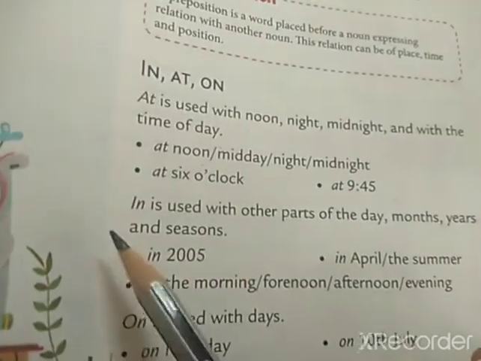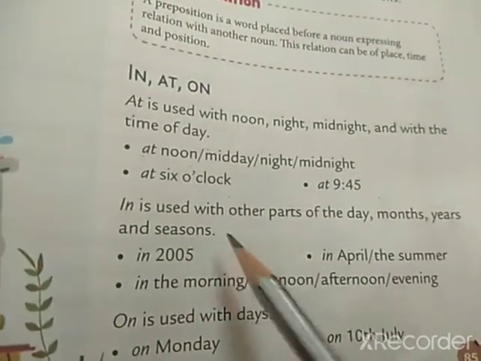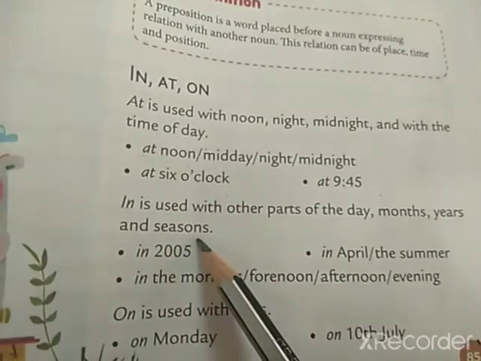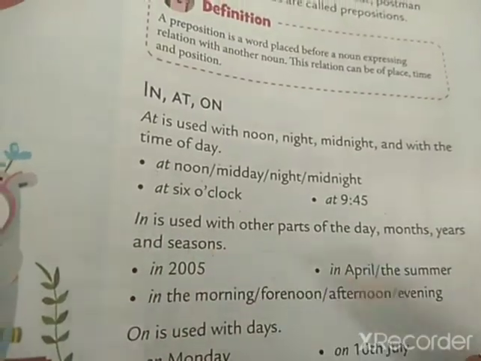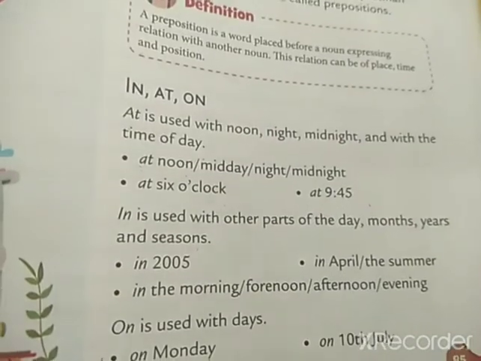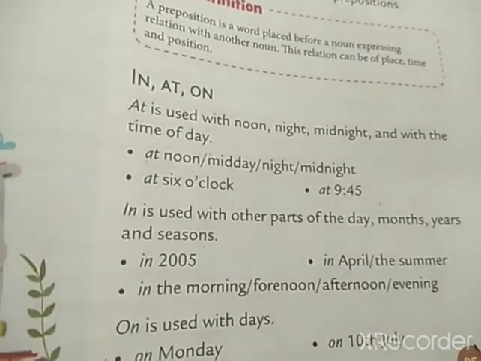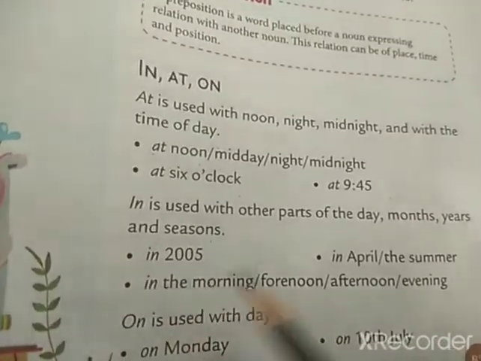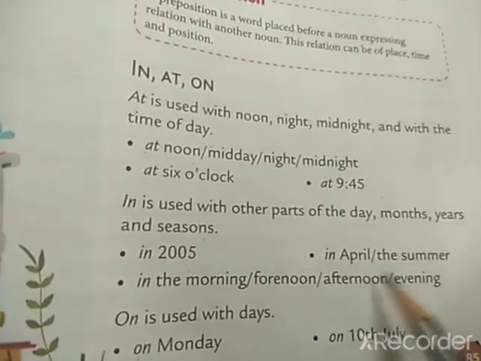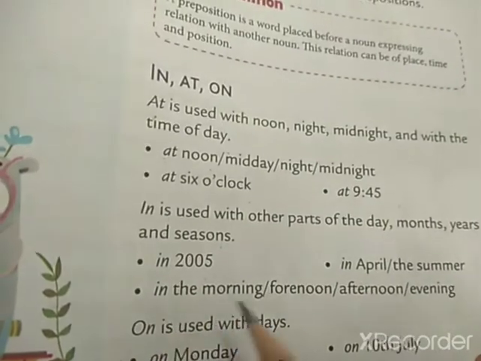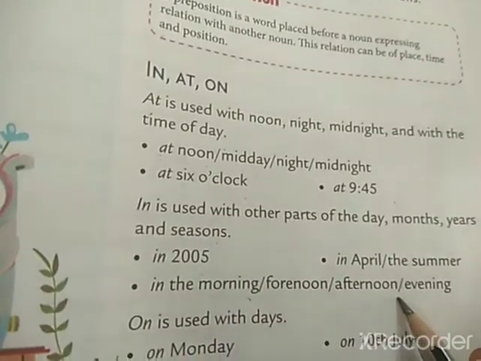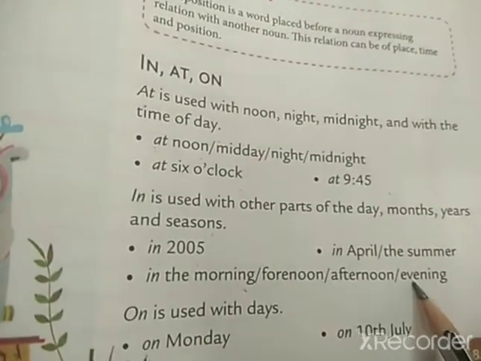Okay. In is used with other parts of the day, months, years and seasons. Even it can be used with months, years and seasons. Okay. For example, in 2005, in April, in the summer, in the morning, in the forenoon, in the afternoon, in the evening.